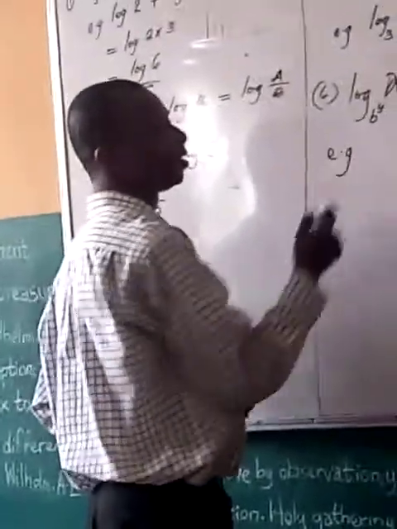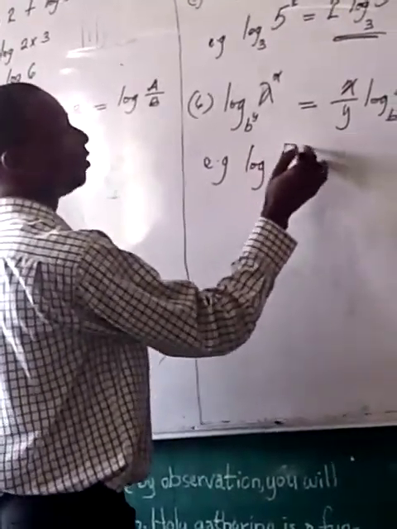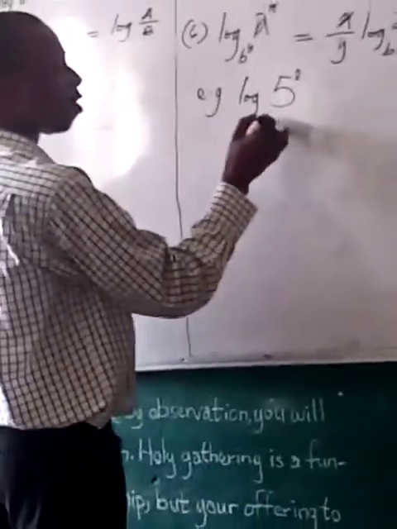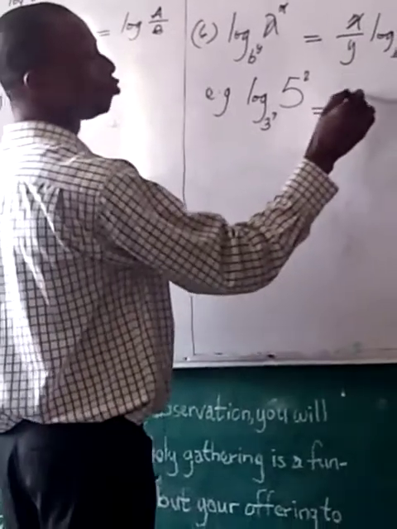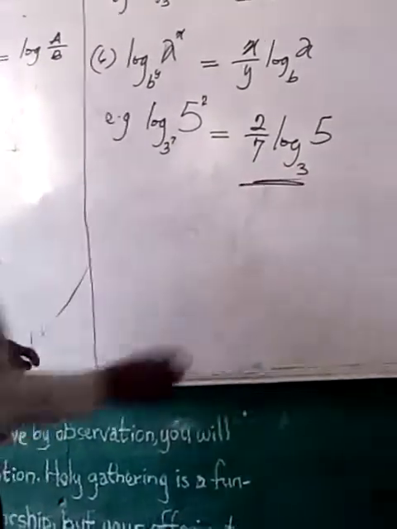For example, if I have log 5 raised to the power of 2 base 3 raised to the power of 7, it will become 2 over 7 log 5 base 3 as a result.